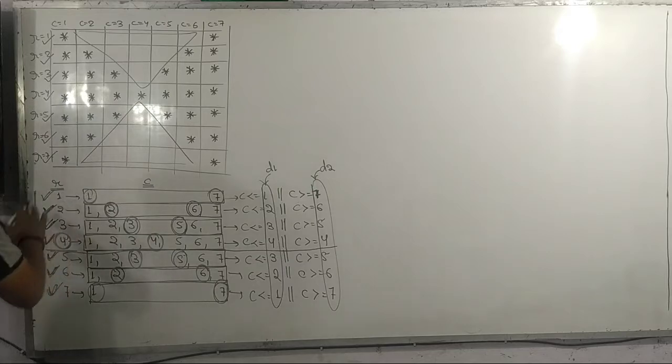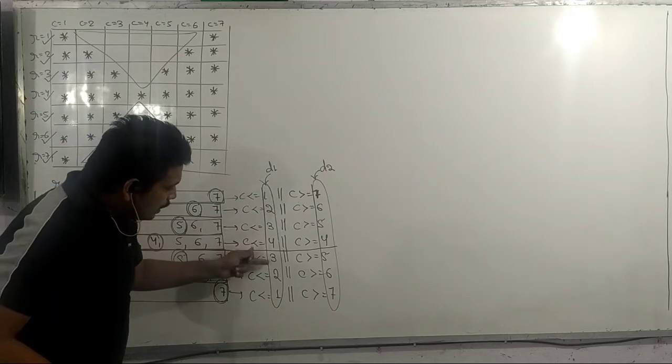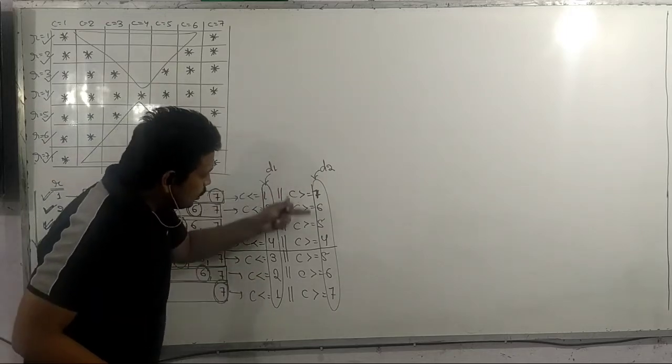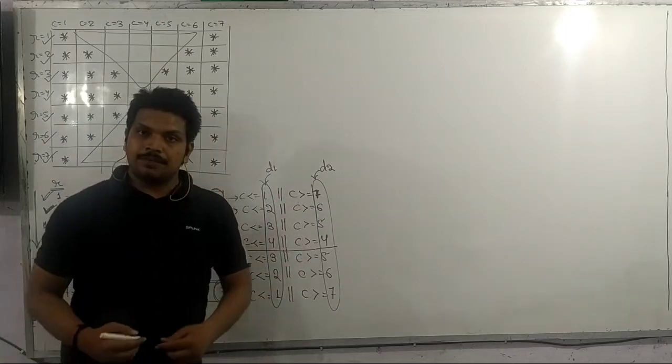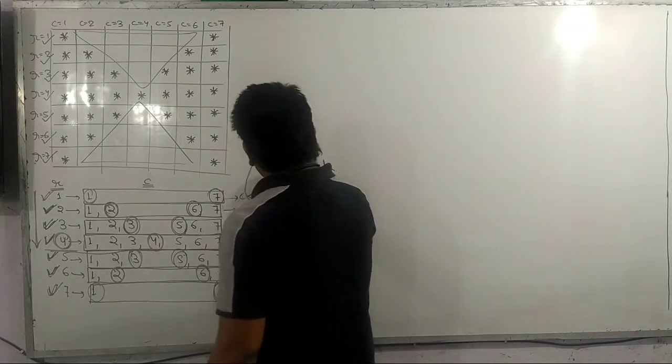But if this condition is false, which condition? If the value of R goes beyond 4, I mean if it is 5, 6 or 7, the value of D1 should decrease and the value of D2 should increase. Yes or no? So, I will write here what?